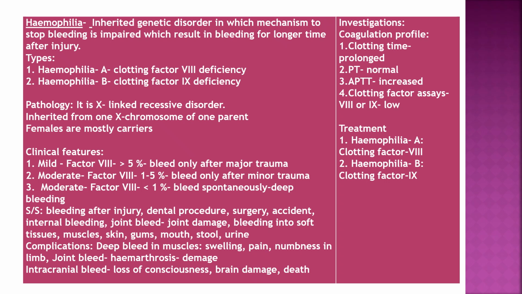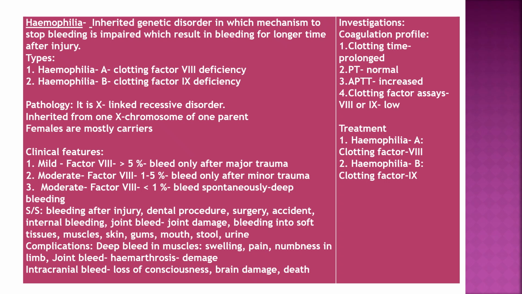So clinically there is a mild type when factor 8 is more than 5%, so it bleeds only after major trauma. Moderate type, factor 8 is 1 to 5%, it bleeds only after minor trauma. And severe type, factor 8 less than 1%, then it bleeds spontaneously and is also associated with deep bleeding.